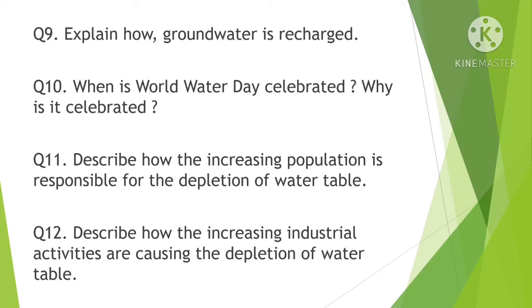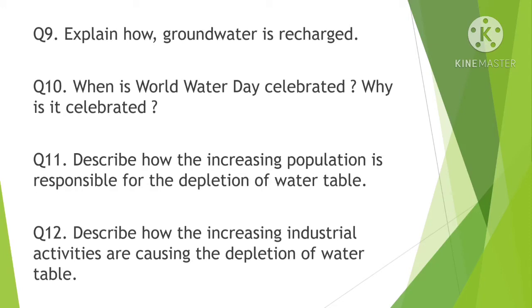Now our next question is, describe how the increasing industrial activities are causing the depletion of water table. Now we know that the industries produce a large number of products which we use in our everyday life, and for producing all these products the industries need water. Now as the population is increasing, the demand for various products produced by the industries is also increasing.